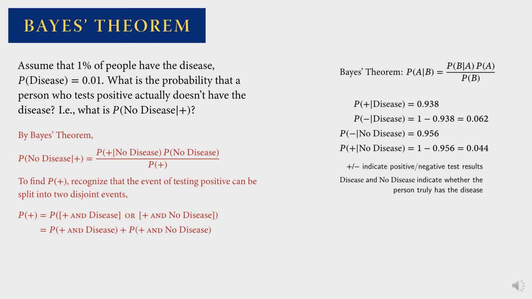If a person tests positive, they either have the disease or they don't. So we can split the world into two disjoint possibilities, positive and disease or positive and no disease. And that equals this, where we're using the general addition rule.